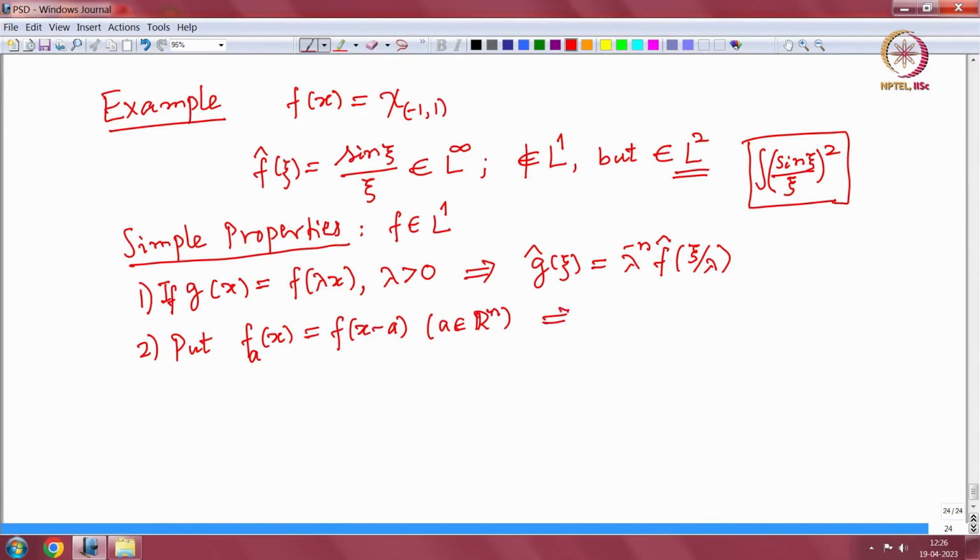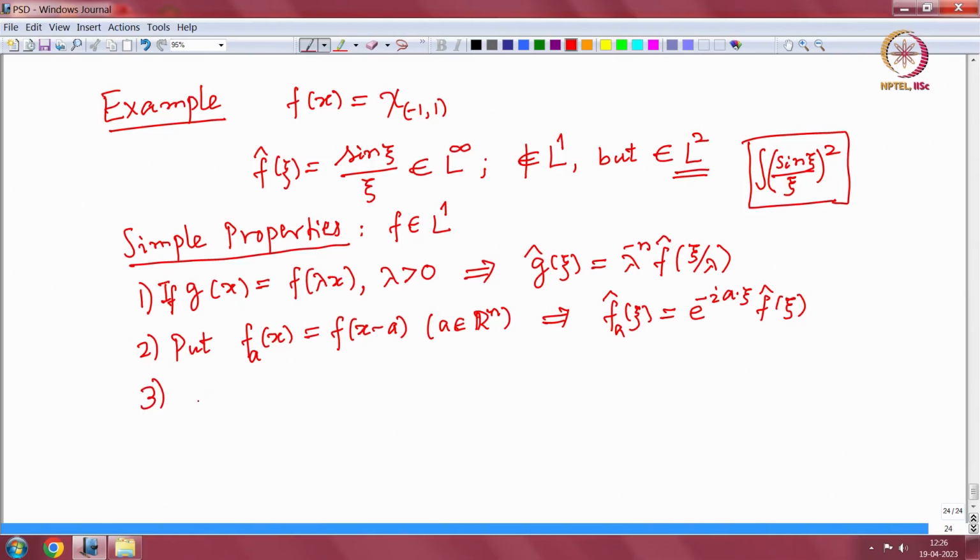Then f a cap is the integral of e to the minus i x dot j times f of x minus a, and when you change the variables, you get e to the minus i a dot j f cap j. So an exponential factor appears. Again, very simple properties.